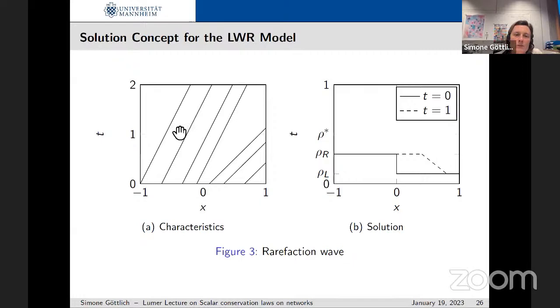One regime corresponding to rho R, one regime corresponding to rho L, and something in between. There are maybe some lines missing, since there is a fan spreading out of this x equals 0, which means that this is the rarefaction. And this can be observed in the case of traffic by this state here. In the case of traffic, this is a straight line. For other applications, this might be something different.